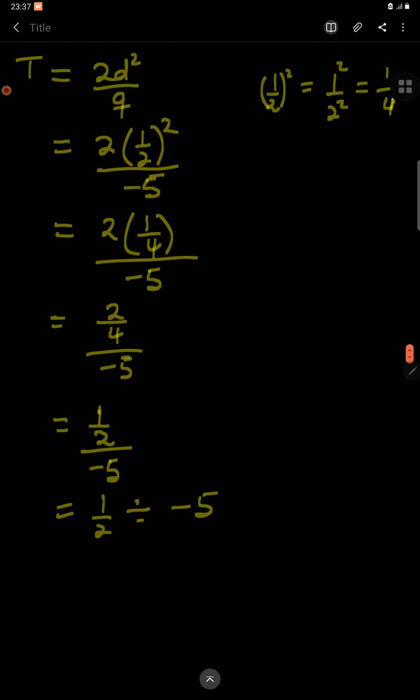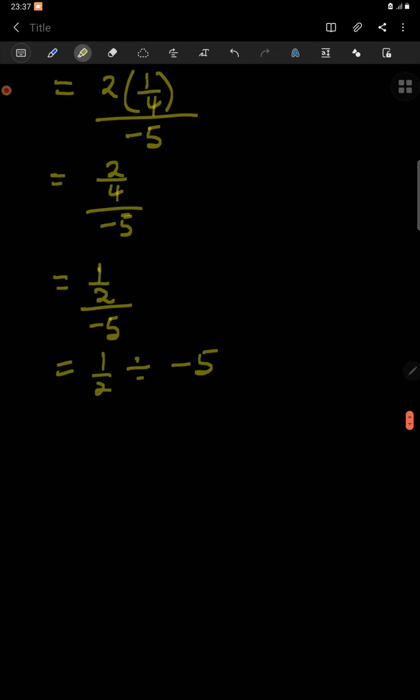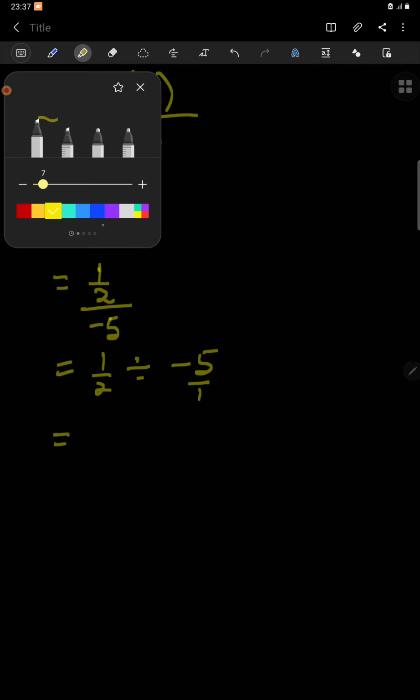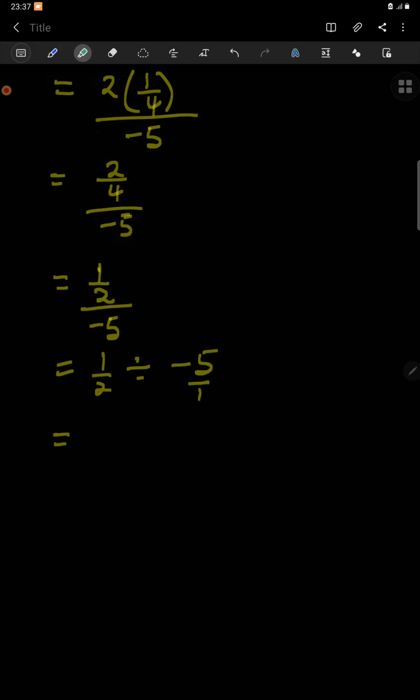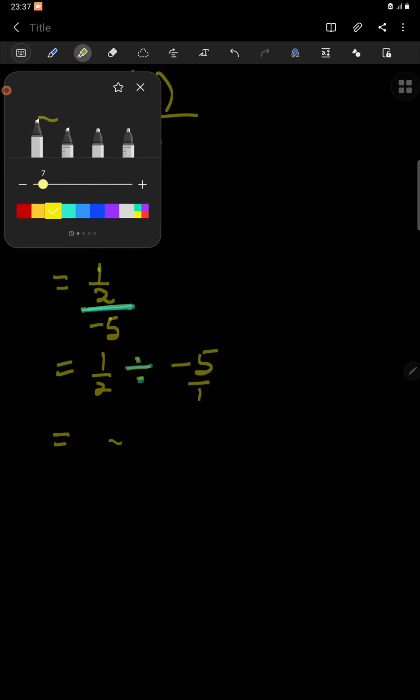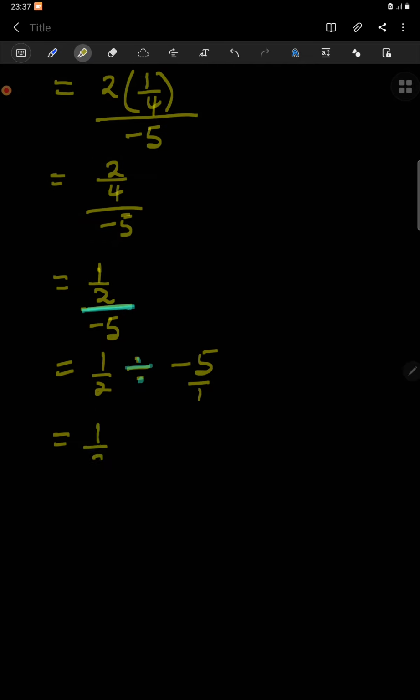So that here we can continue to say that this is over 1, okay? Yes, the division here is what I have converted to a division sign over here, all right? So we will say that this is the same as half times 1 over -5.